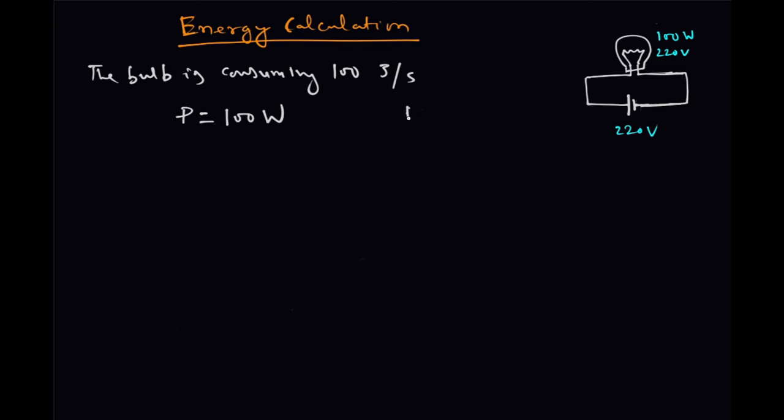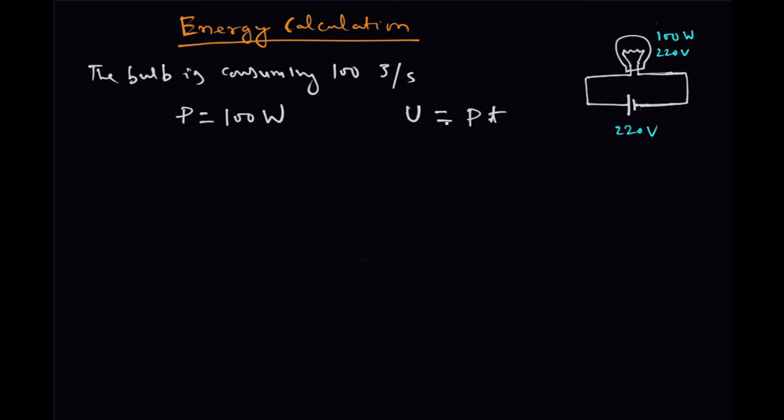Let us take energy consumed as U here. So U is equal to power into time. Energy consumed is the power multiplied with time, or power is equal to the energy consumed divided by time.